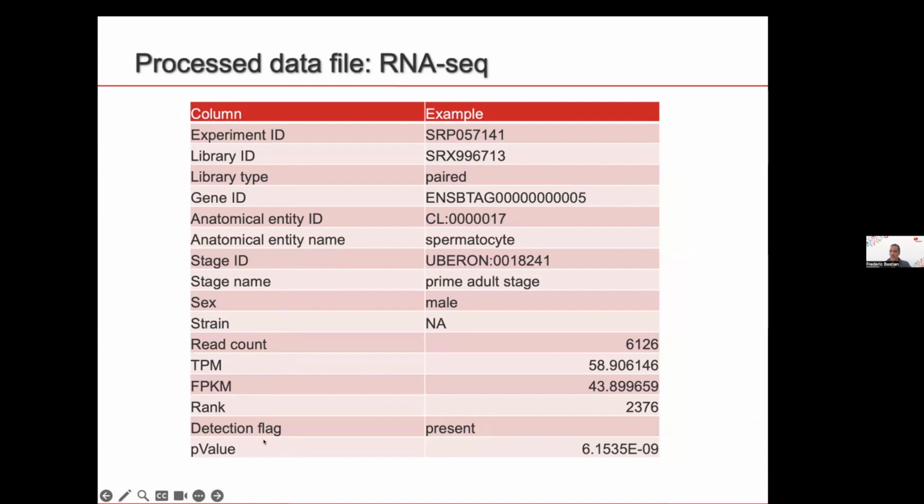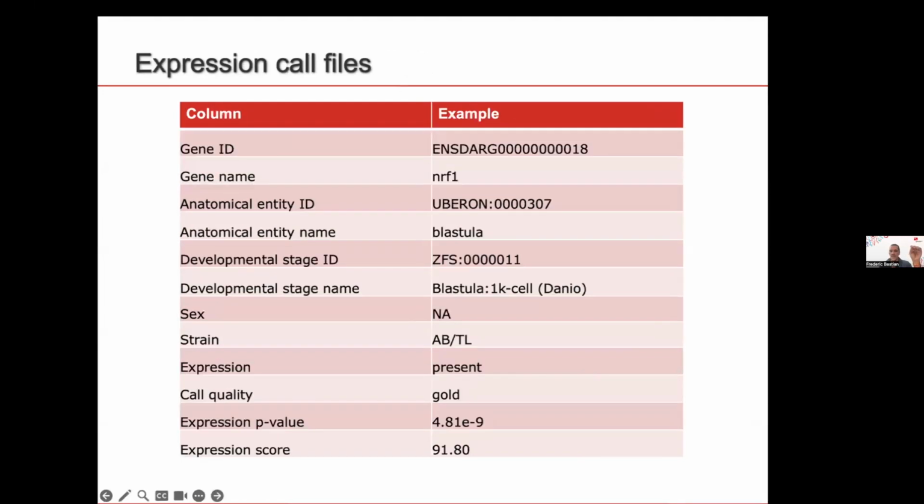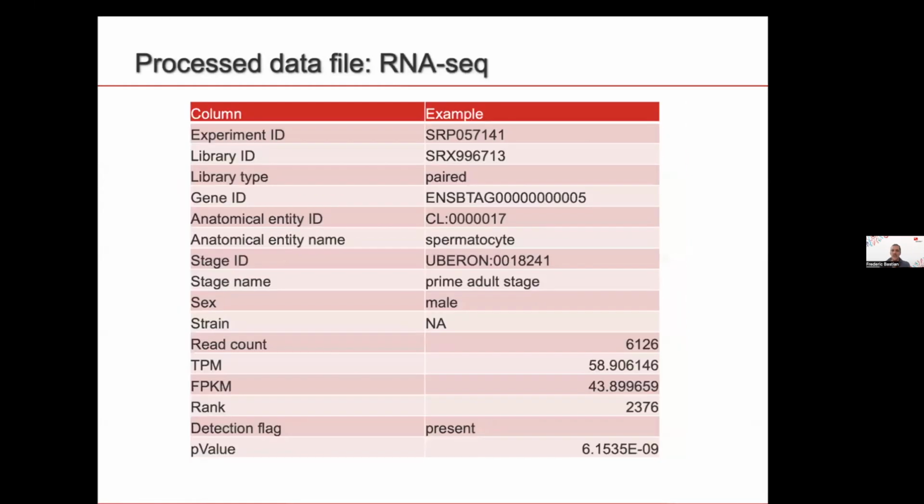You also get the p-value from each sample. Here at this level, it's the FDR corrected p-value coming from all available information. So in the expression call file, it is the summarized information. In the processed expression values, it is the information from each sample.